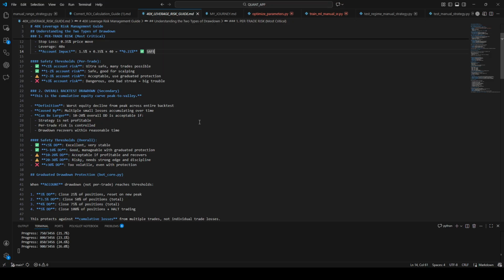So as you can see, guys, the max drawdown in a backtest should be between 10 and 20%, even lower if possible.